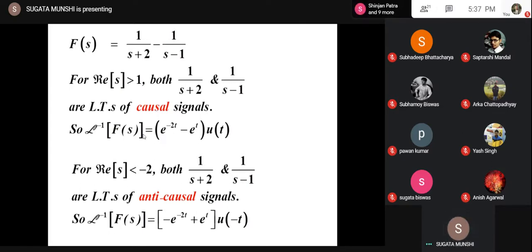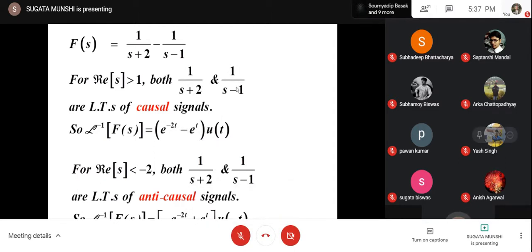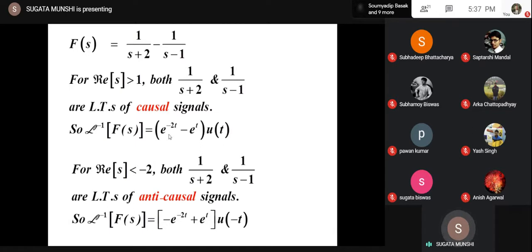Therefore, the inverse Laplace transform of 1 by s plus 2 will be a causal signal, and 1 by s minus 1 also will be a causal signal. So it's e to the power minus 2t u(t) minus e to the power t u(t).